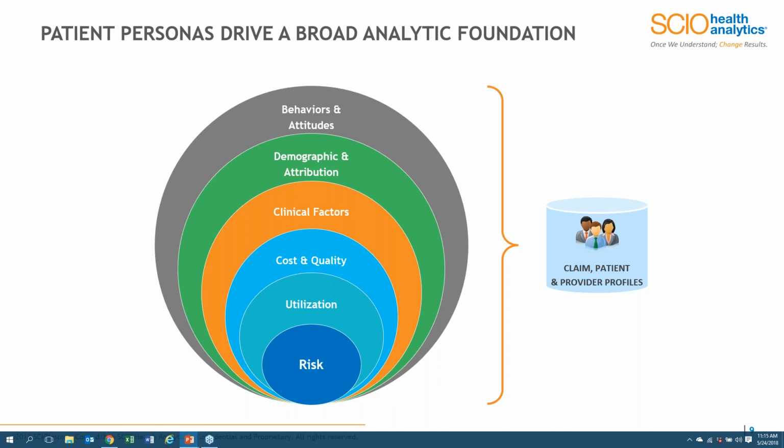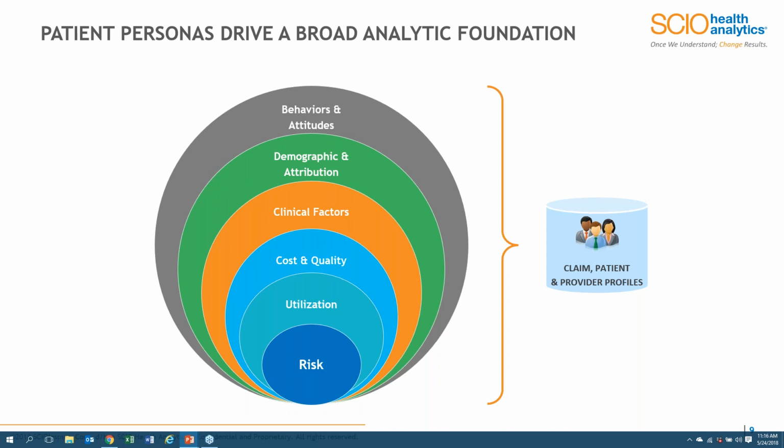But then truly understand if there is a patient that has high risk in the category for diabetes, as an example. It's not going to be the whole diabetes population. Let's just say that roughly 10% of the diabetes population is at high risk. Obviously, in today's world, that would be a large number of patients across the U.S. They have similar socioeconomic and demographic attributes, similar cost and quality attributes, clinical factors, etc. So they look and feel the same.